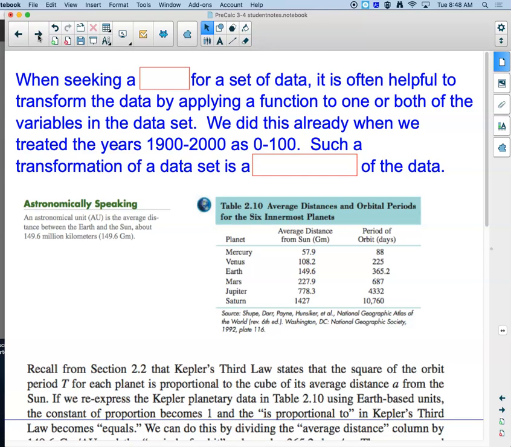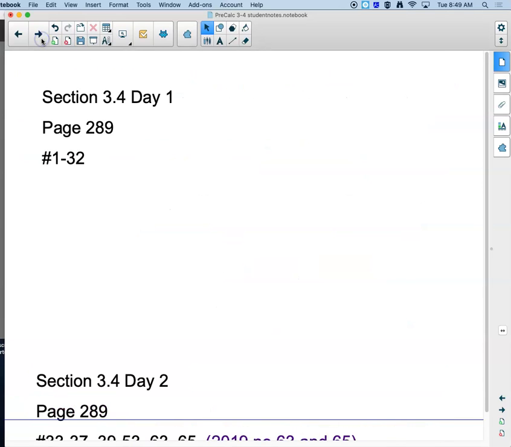Anytime that you have really big numbers or really small numbers with a lot of zeros, we tend to use logarithms to re-express that data because it takes a lot of those zeros out as you use logarithms. So that's the one. Again, we're cutting it out. You'll get it in science class if you really need it in science class, that re-expression of data.